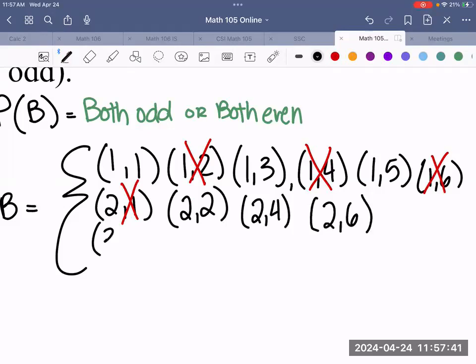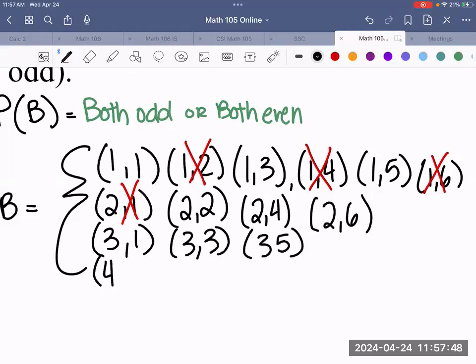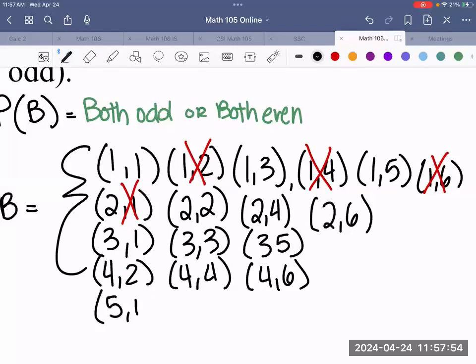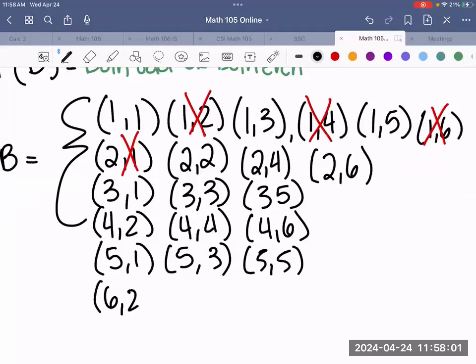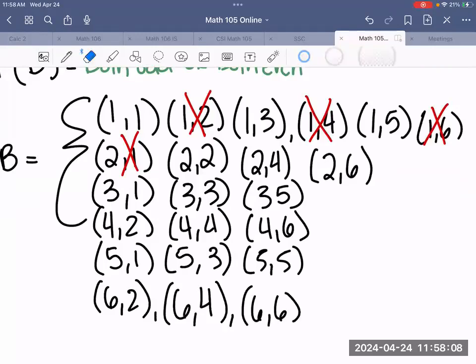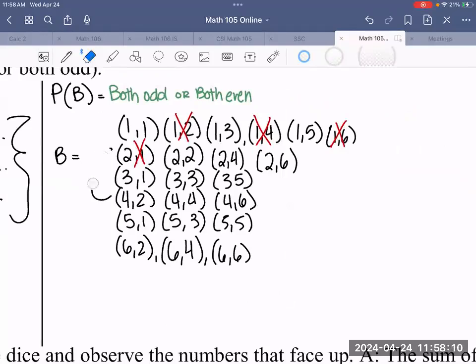Keep going: 3,1, 3,3, 3,5. 4,2, 4,4, 4,6. 5,1, 5,3, 5,5. 6,2, 6,4, and 6,6. So this is all of B.